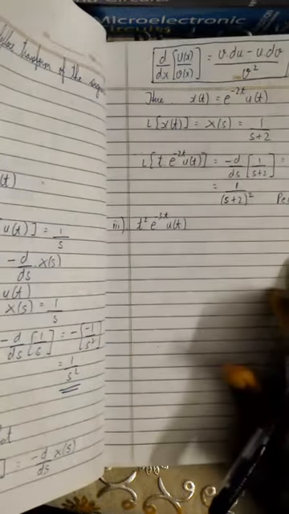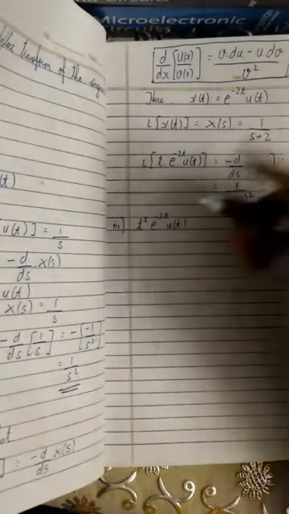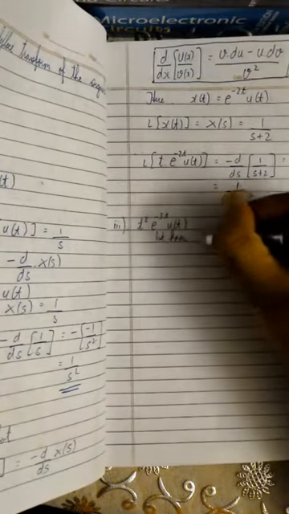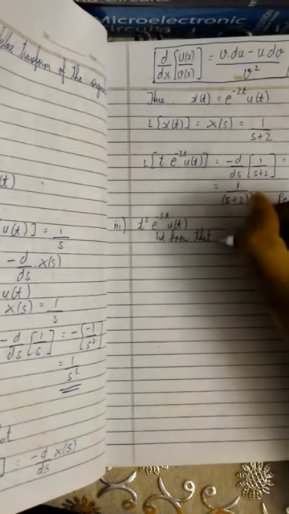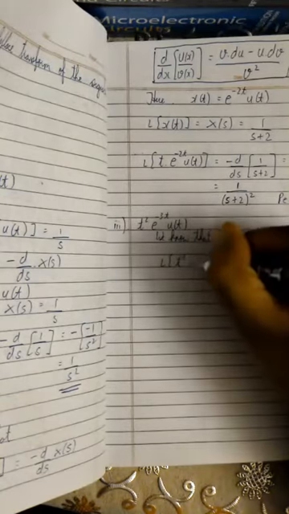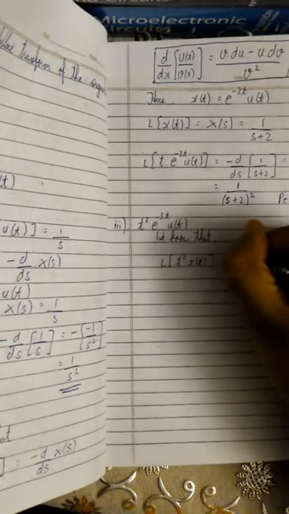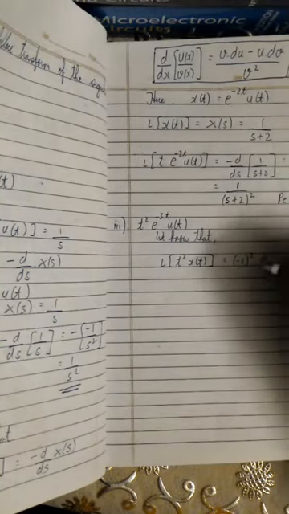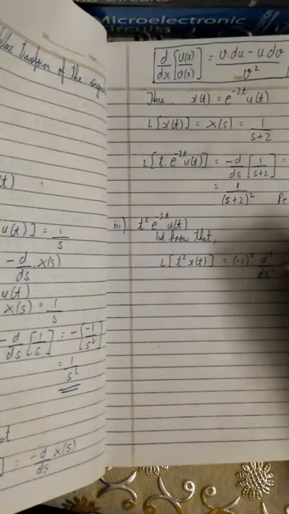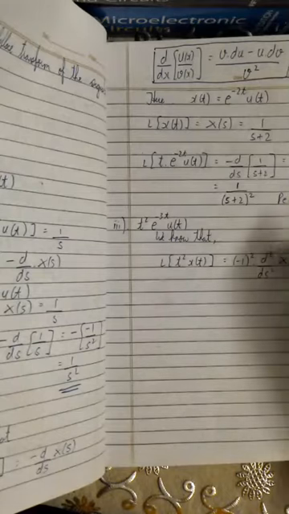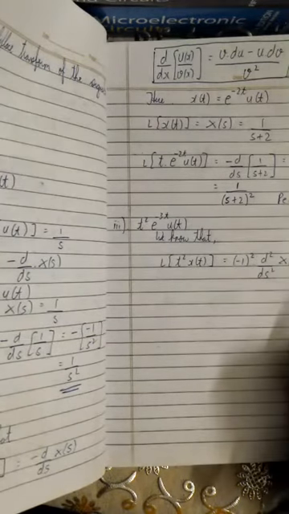So here we know that the Laplace transform of t square x of t is nothing but minus 1 raised to square into d square by ds square of X of s. Minus 1 the whole square is plus 1 itself. So d square by ds square of X of s.